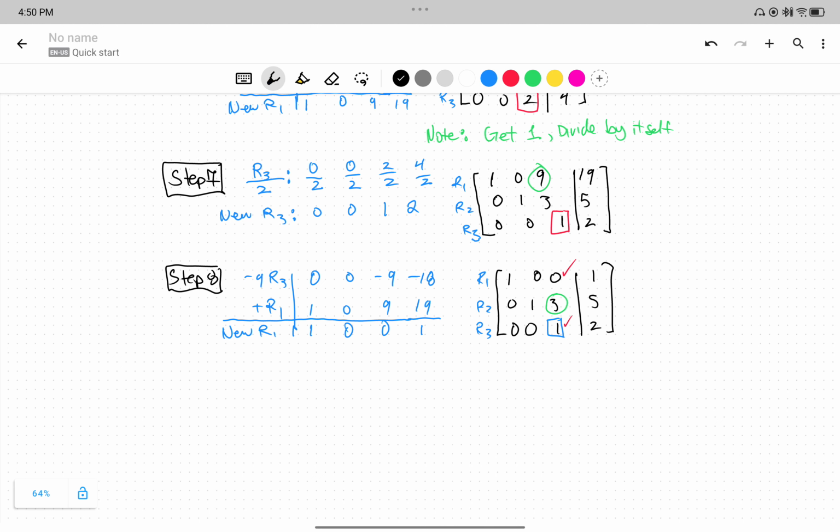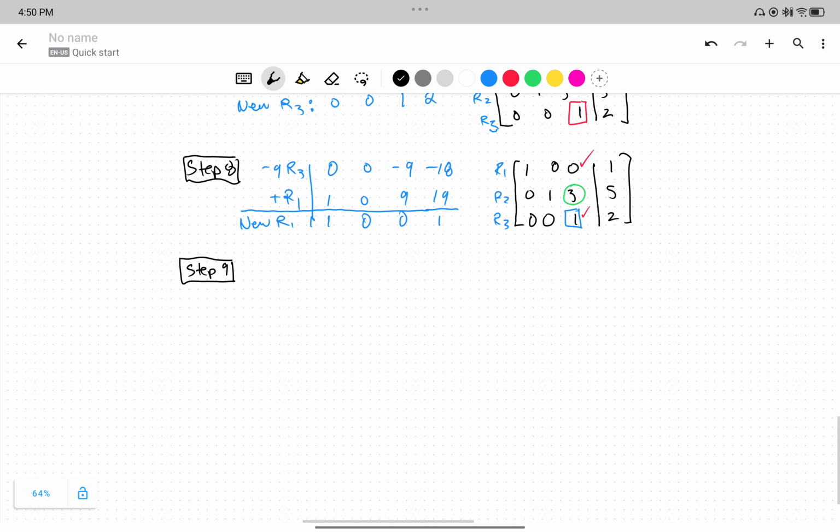So step 9. So if you notice, we're down to the last step because we said it was 9 steps. Opposite on row 3. So -3, row 3 plus row 2 is your new row 2.